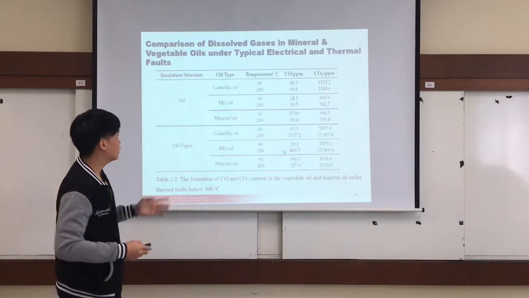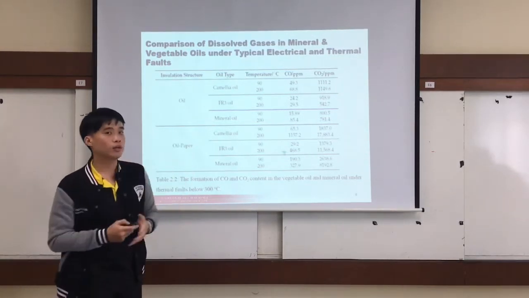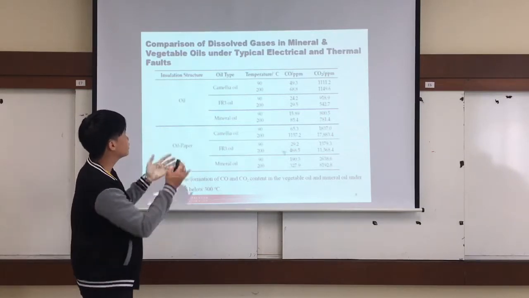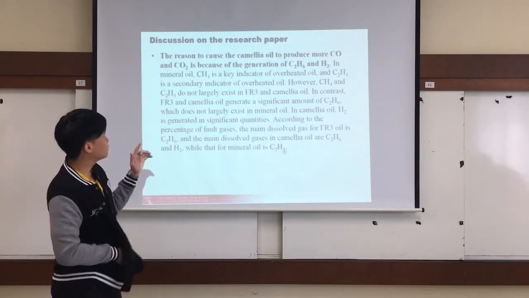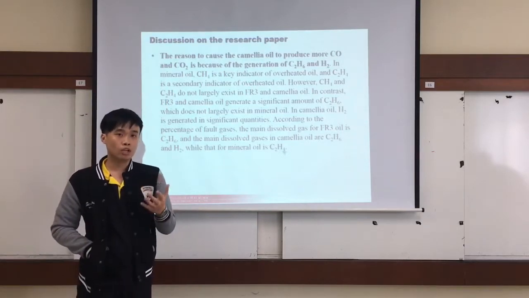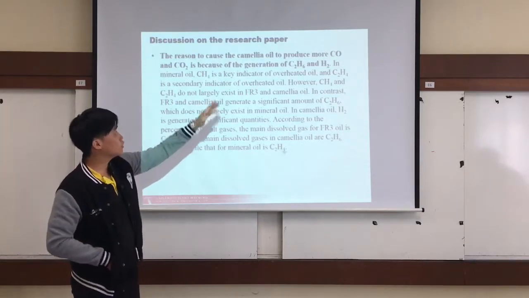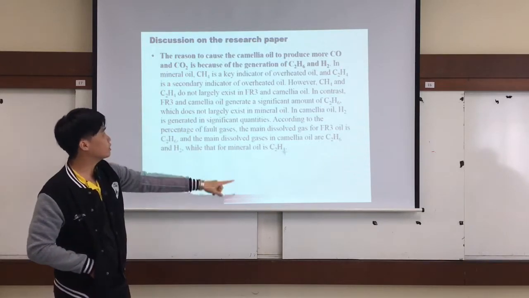From here, we can say that the mineral oil has produced less gas bubble during thermal fault testing and typical electrical testing. The reason the vegetable oil produces more carbon monoxide and carbon dioxide during the testing is due to the generation of C2H6 and hydrogen gas during overheating.